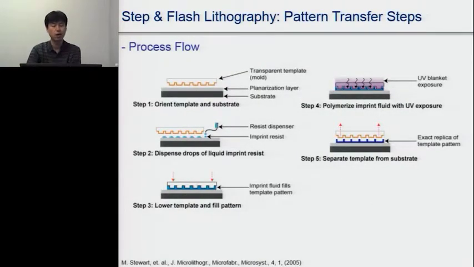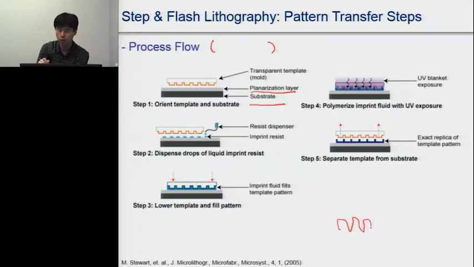So this is the process flow, the standard process flow. On the substrate, sometimes we want to put some planarization layer, depending on how rough the topography of the substrate is based on the previous process result.